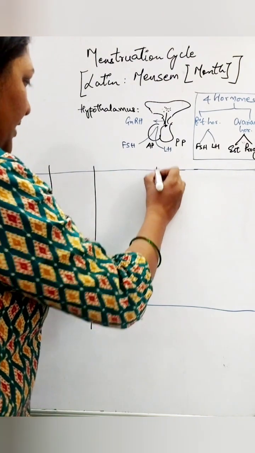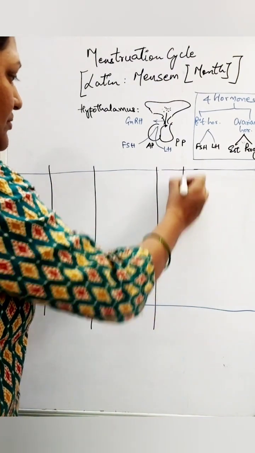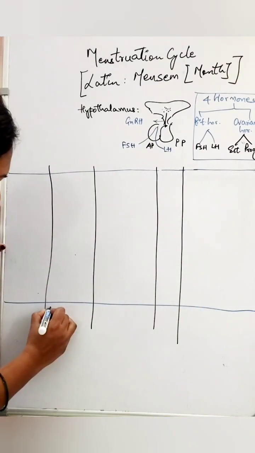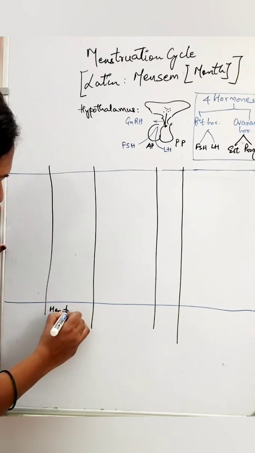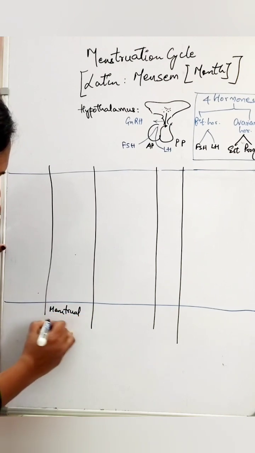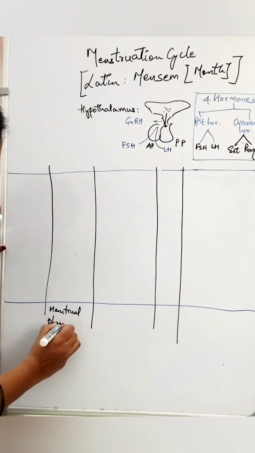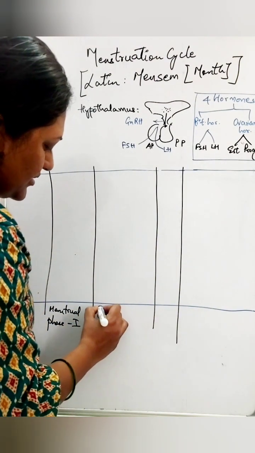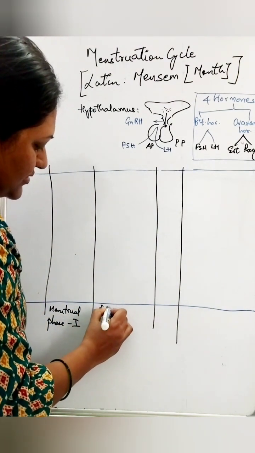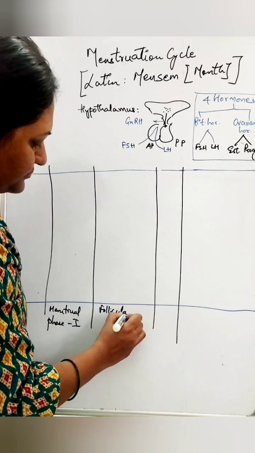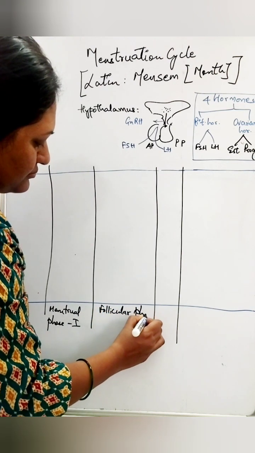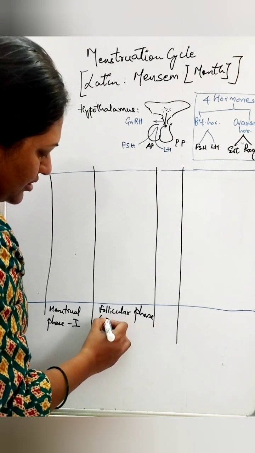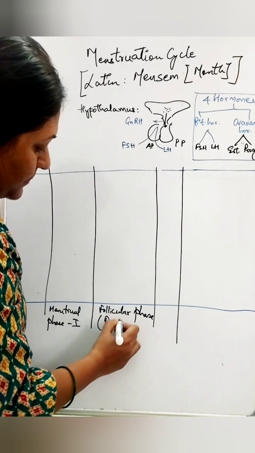This is the biggest one, this is the smallest one. Phase 1 is the menstruation phase or menstrual phase. The second one is the follicular phase, or it is also called the proliferative phase.